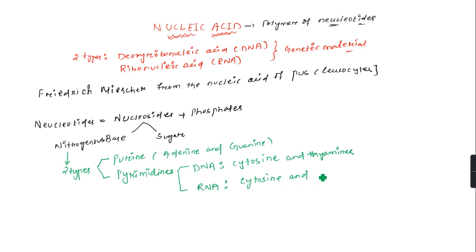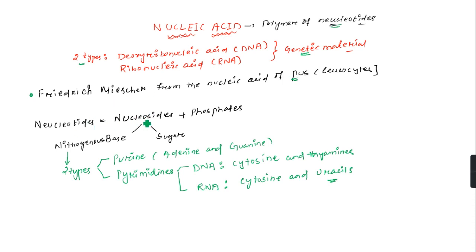These are the important points. You have to remember that nucleic acids are polymers of nucleotides. Nucleic acid is of two types, deoxyribonucleic acid and ribonucleic acid, and both act as genetic material. The first nucleic acid was identified by Friedrich Miescher from pus cells.